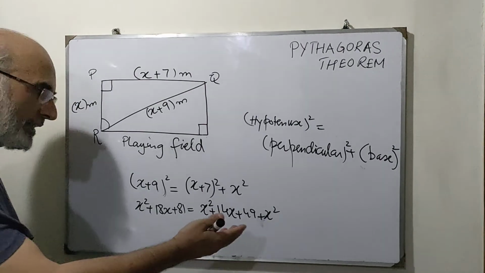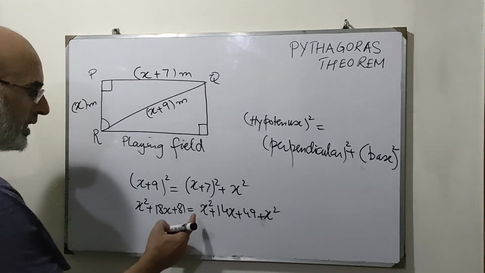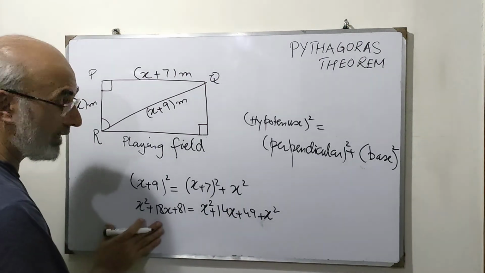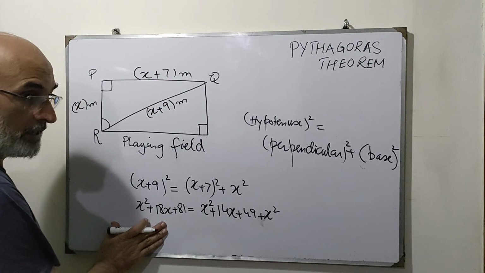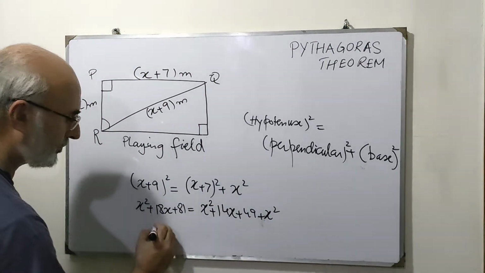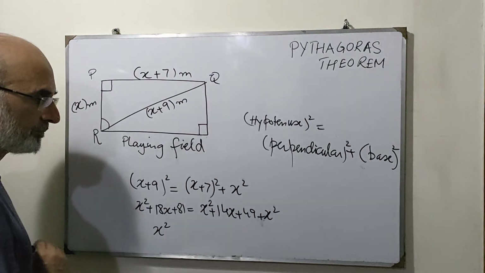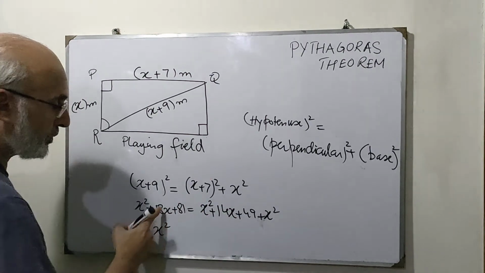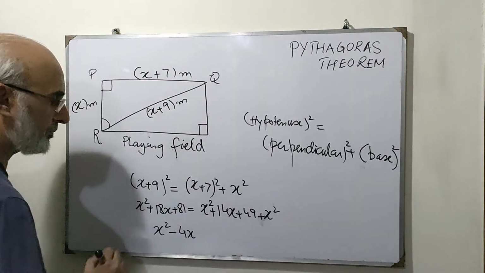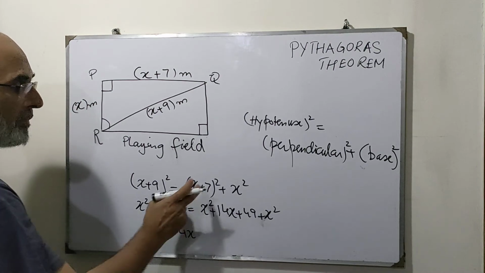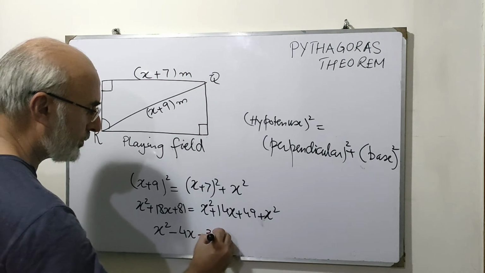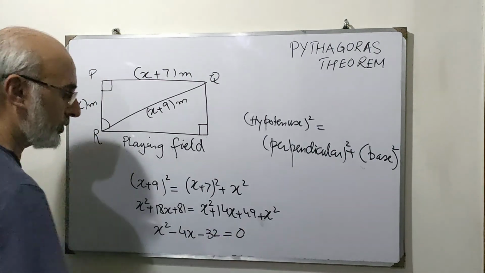Now let's simplify this equation. x square, right? So I'll take the left hand side towards the right hand side. So I'll be left with x square, minus 18 plus 14, which gives me minus 4x, then minus 81 plus 49 gives me minus 32 is equal to 0.